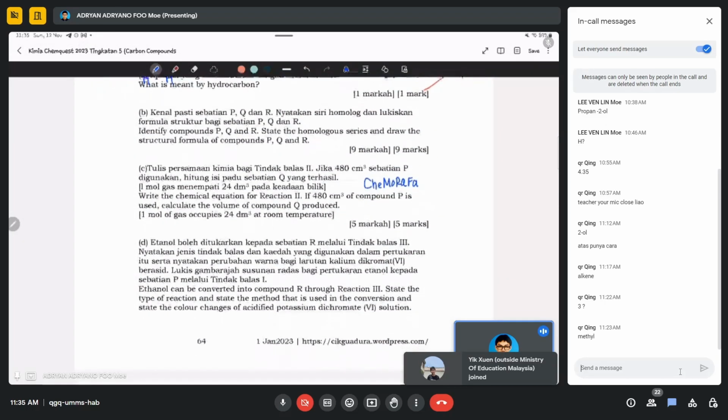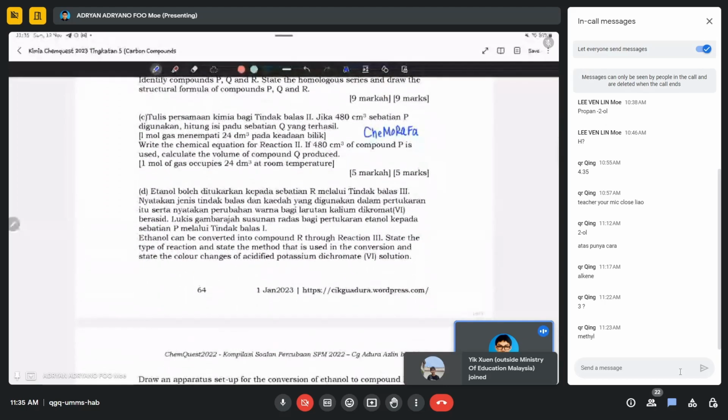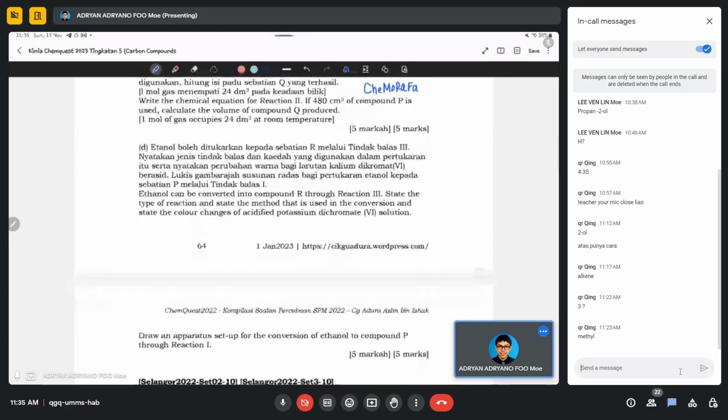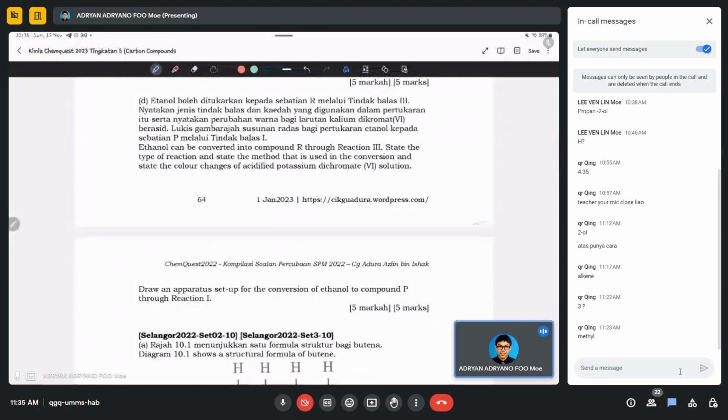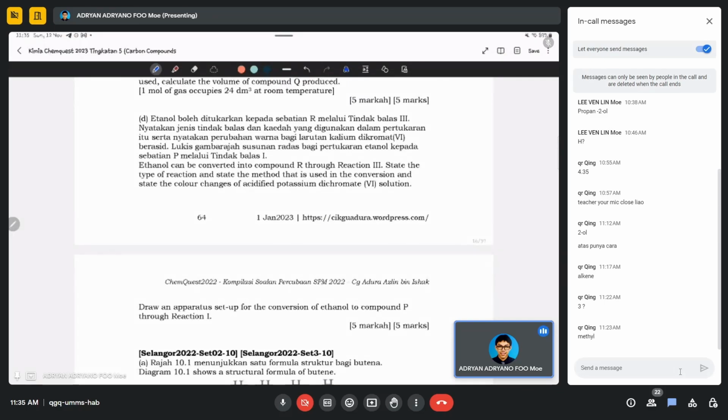So ethanol can be converted into compound R through reaction 3. State the type of reaction, state the method used in the conversion and state the colour change. Oh, this one: draw an apparatus setup. This is the difficult one. If you really don't know the apparatus setup, skip that question, but don't leave it blank. Skip it first and do the other questions first.